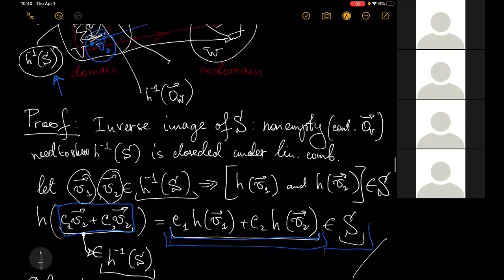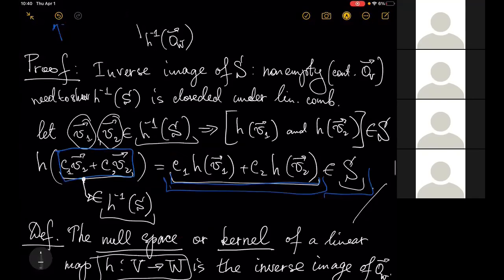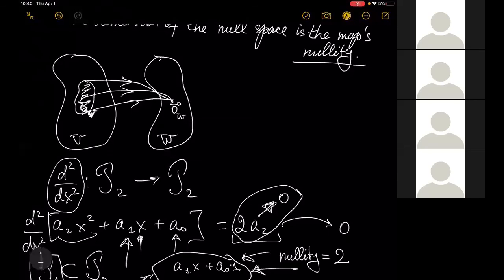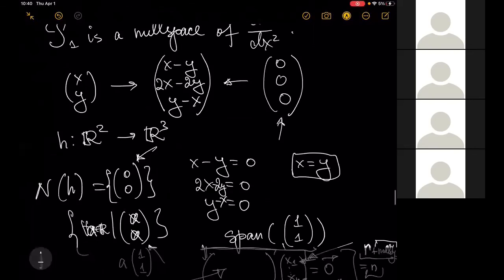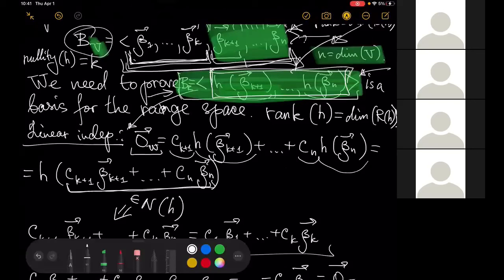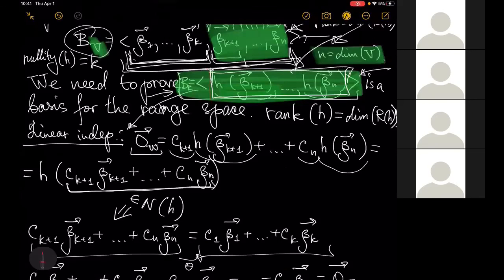If the null space is a subspace of the original vector space, have a look here. This is the basis of the range, right? Because the null space consists of all possible vectors of your original vector space which are mapped to the zero vector.